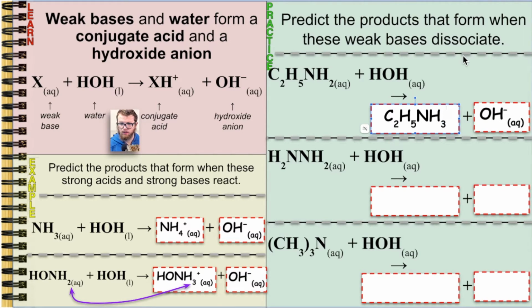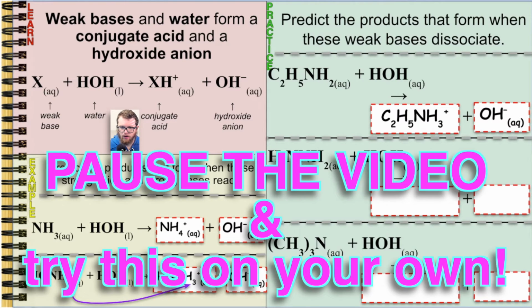And because we added that extra proton, it's going to be positive, just like it was in the examples and the directions. So pause the video and do these next two practice problems on slide 14 on your own.